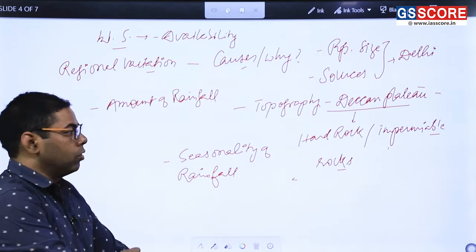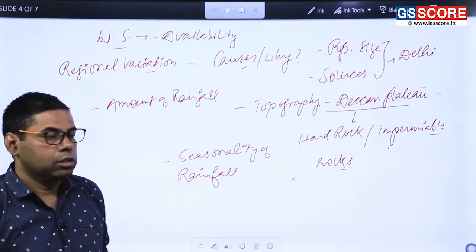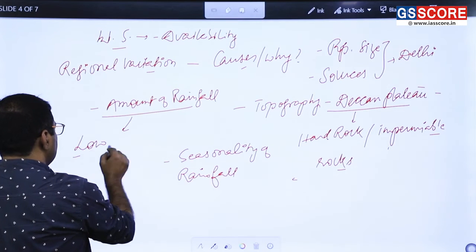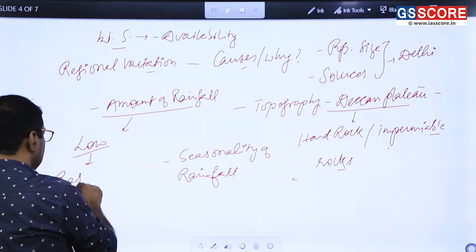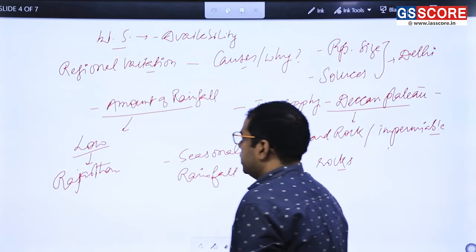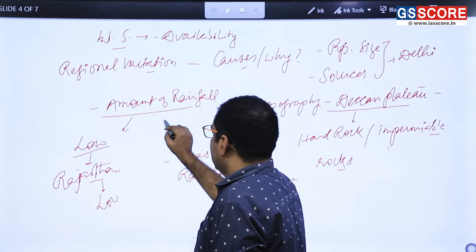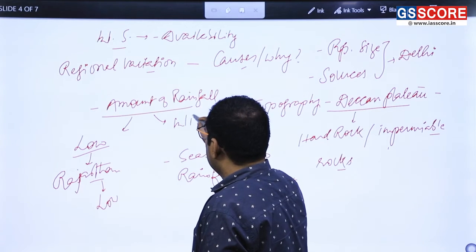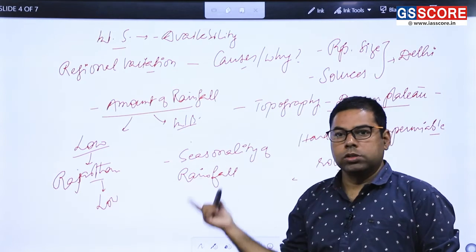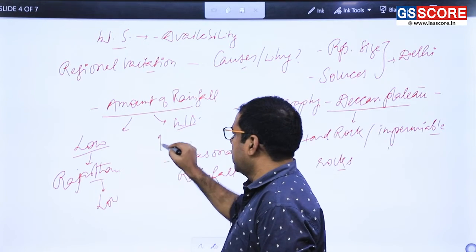right? So where the amount of rainfall is high, the water is adequate, and if the amount of rainfall is low, as in the case of Rajasthan, there is low availability of water. In the case of West Bengal, there is high availability of water. The more we go towards the east of India, Assam, the water availability is high.